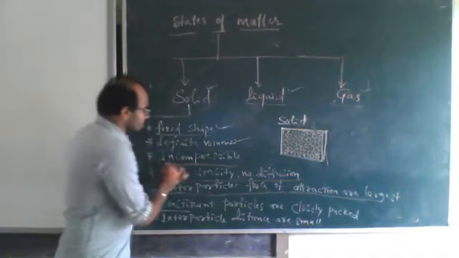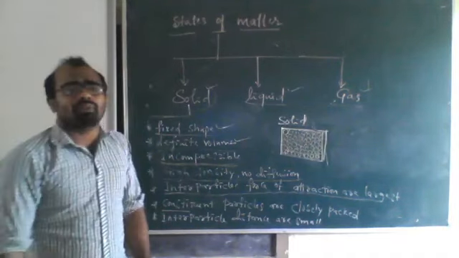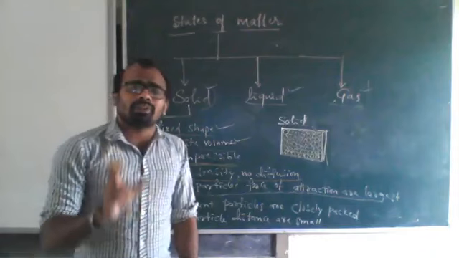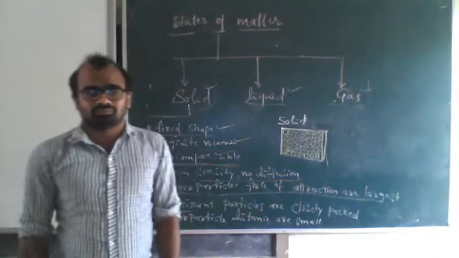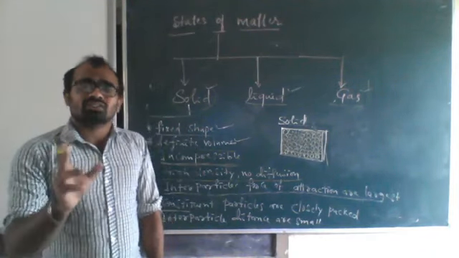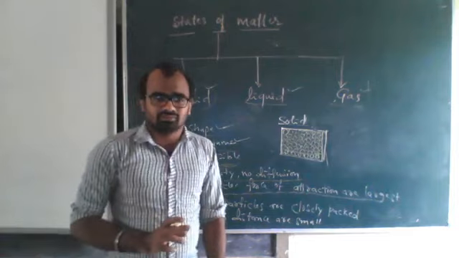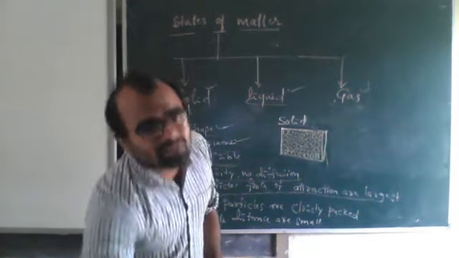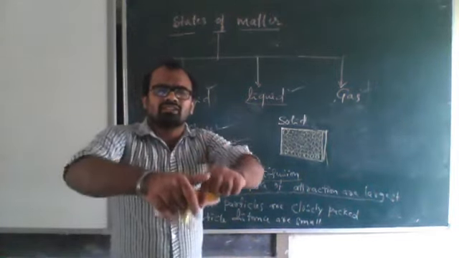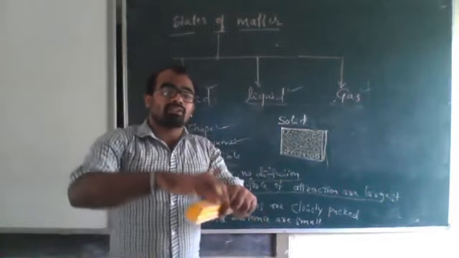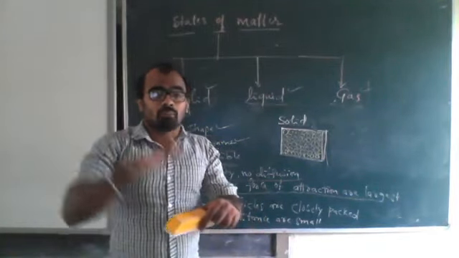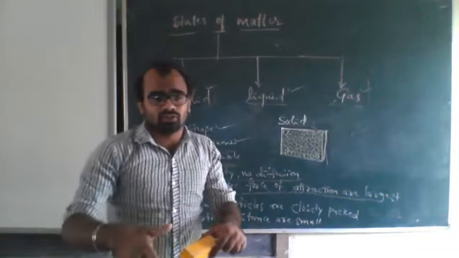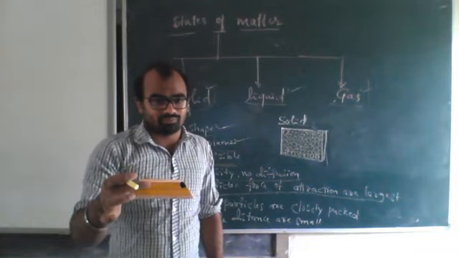Third one, they are incompressible. You cannot compress a solid very easily. Suppose I take a duster, I cannot compress it easily. I can compress it only if I apply very high force that deforms the structure.